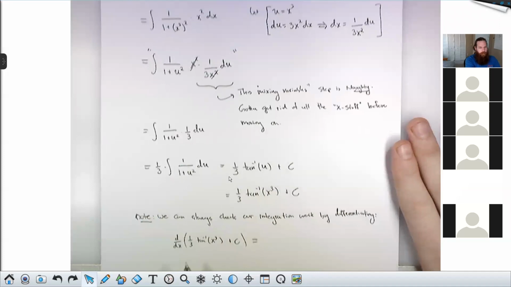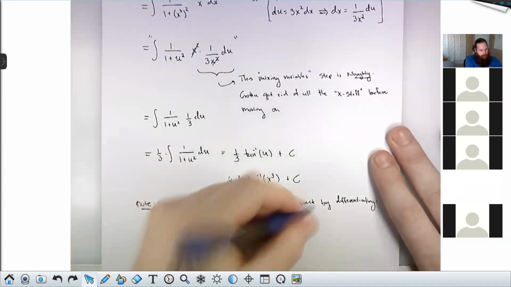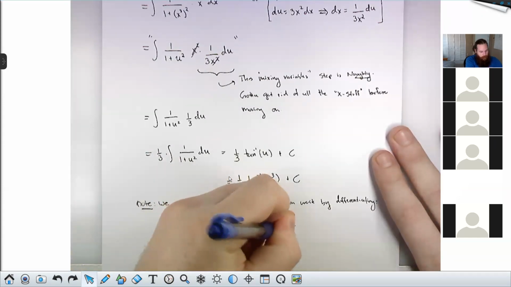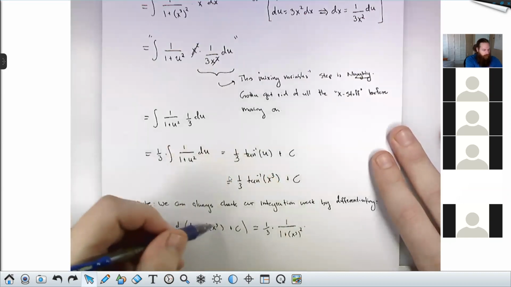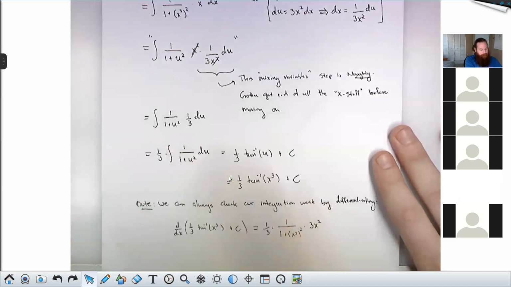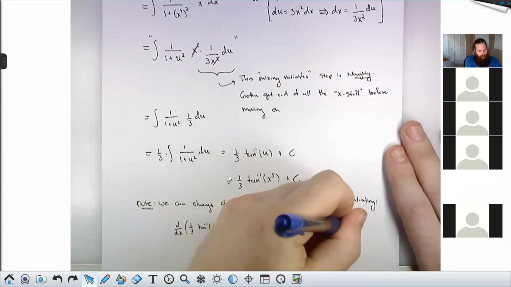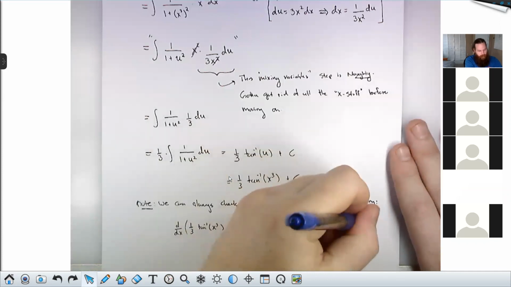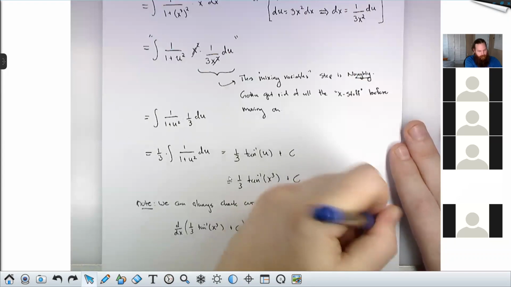The plus c will differentiate to 0, and I'll get 1/3 times the derivative of arctan, which is 1 over 1 plus the inside squared, so that's x cubed all squared. And then we multiply using the chain rule by the derivative of the inside, which is 3x squared. So the 3 and the 1/3 cancel, and 1 over 1 plus x cubed squared is x to the 6.